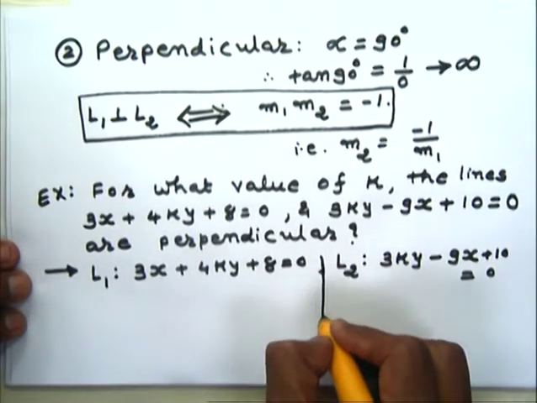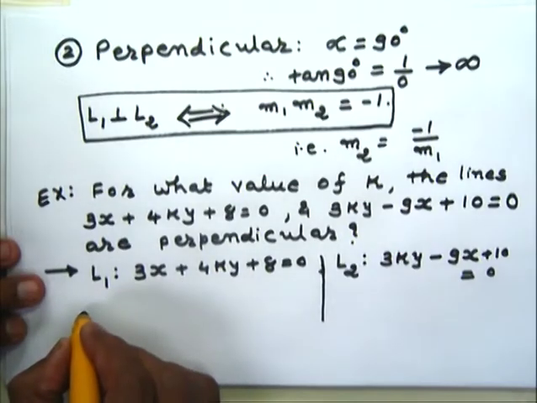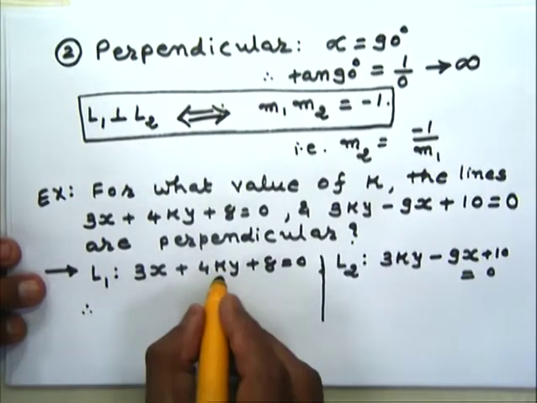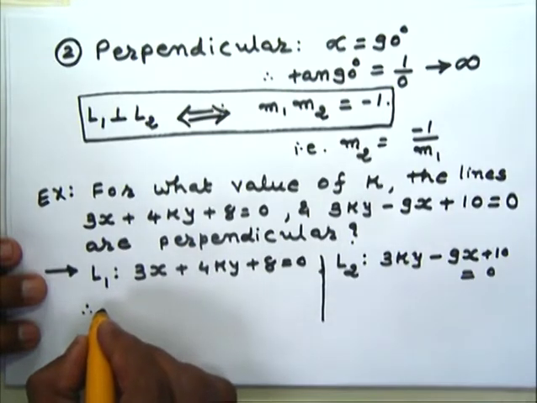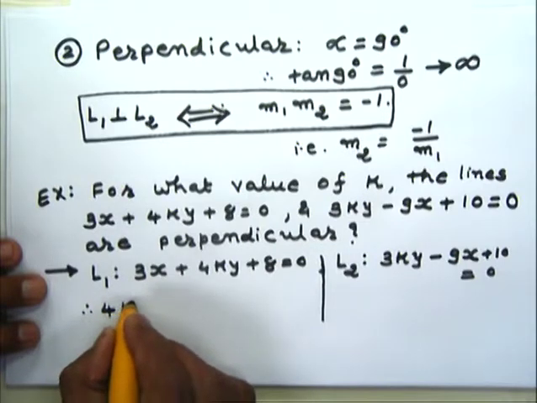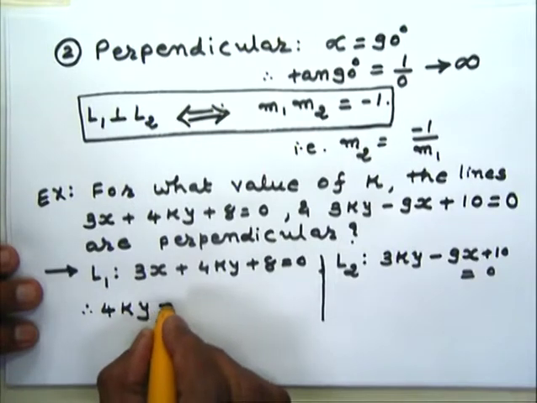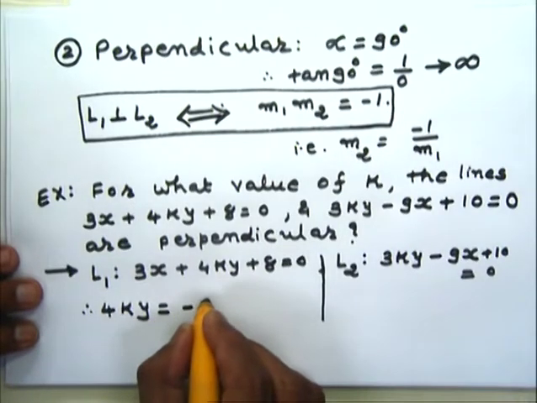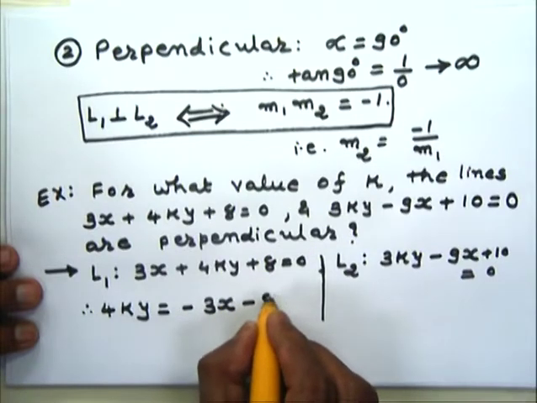And let us calculate the slope M1 and M2 of the lines. First I consider line number 1. Change y as a subject. We rewrite 4ky equal to minus 3x minus 8.